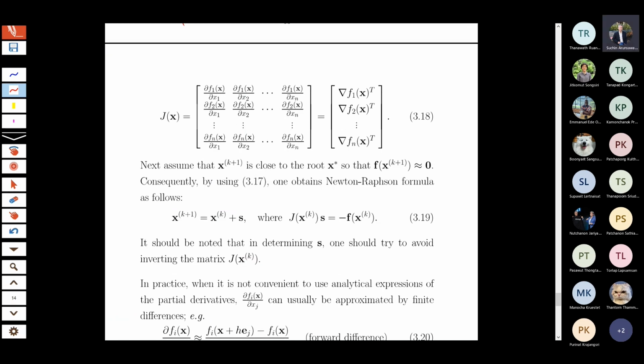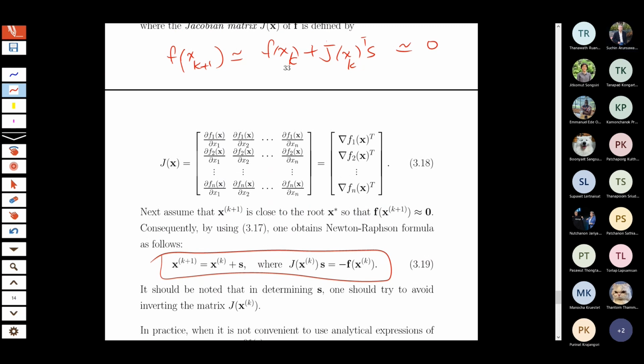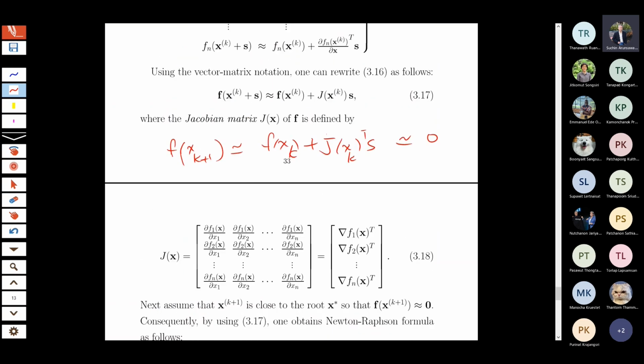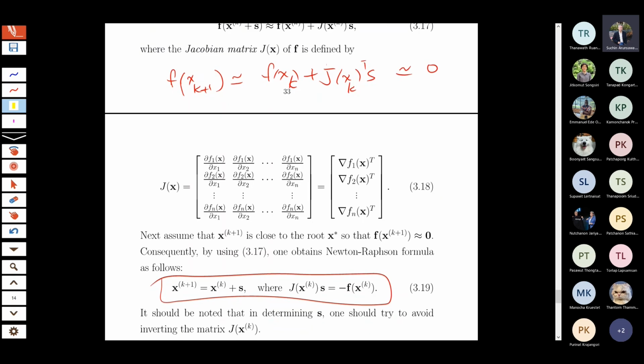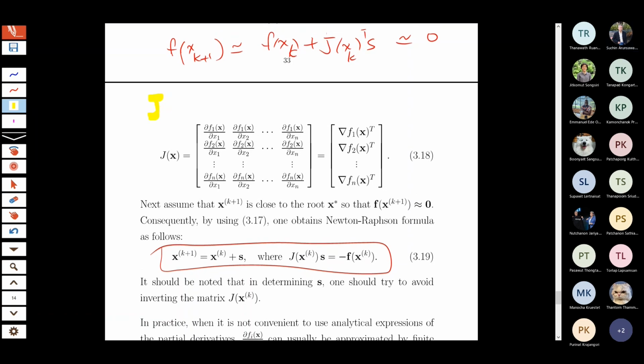Then this is what we have. This is the form of the Newton equation, Newton-Raphson in the multivariable form. From this, we form an equation to find the vector s.